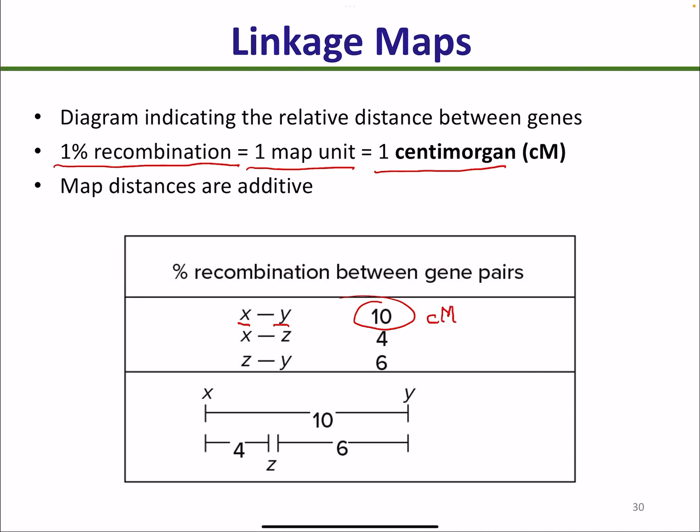The distance between X and Z is 4 units. 4 units, it's 4 centimorgan. But 4 units, it's also 4% of recombination. 10 units, it's also 10% recombination. All right?